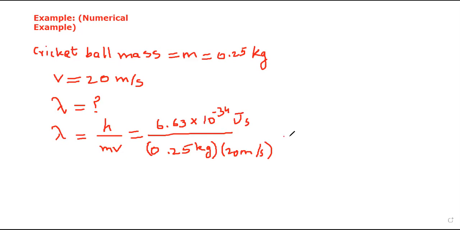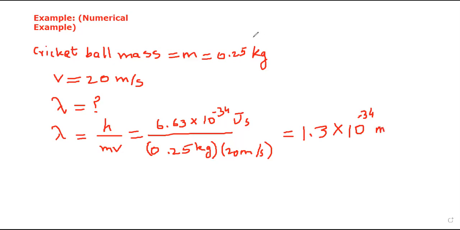So by using the calculator, you can find the wavelength equal to 1.3 multiply 10 power minus 34 meters.